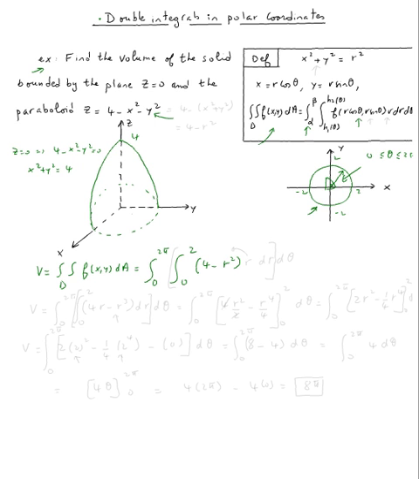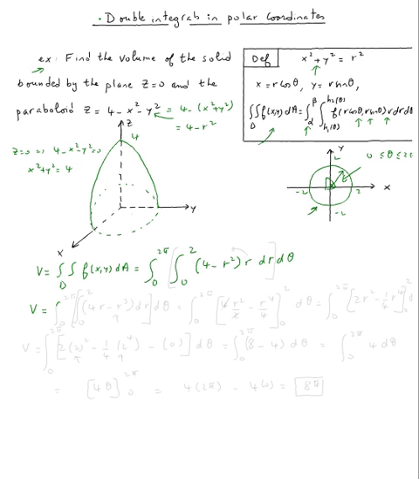So we're replacing each x by r cosine theta and each y by r sine theta. In other words, we're using x squared plus y squared equals r squared. Let me rewrite it. This is equal to 4 minus r squared. And don't forget this r, and then dr d theta.